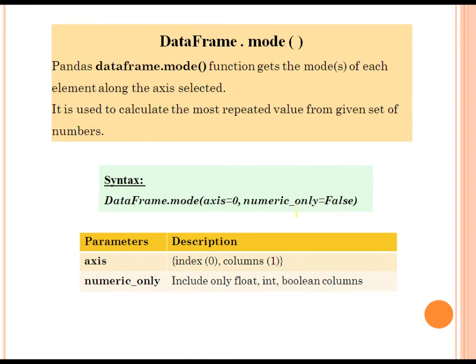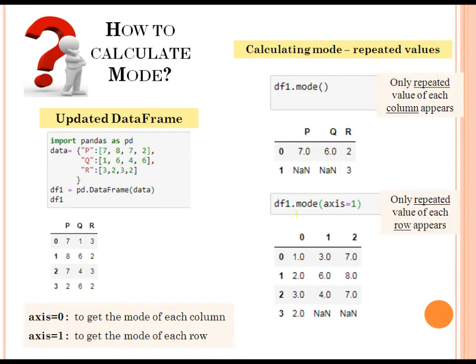Okay, now move ahead and see how to calculate the mode. Now my updated data frame is this. Again, this is df1 with all the 3 columns, all are with the numeric values, no nan values because I have repeated the values here to make you more clear.